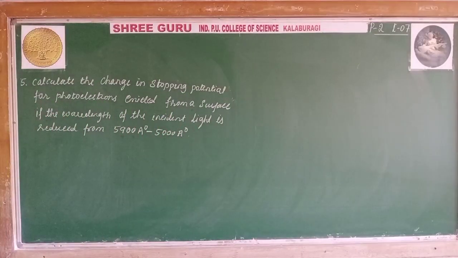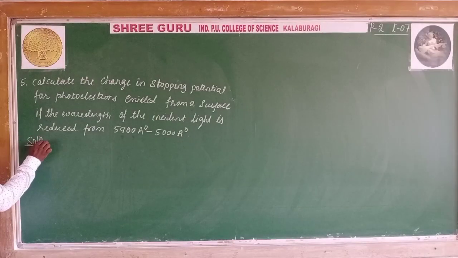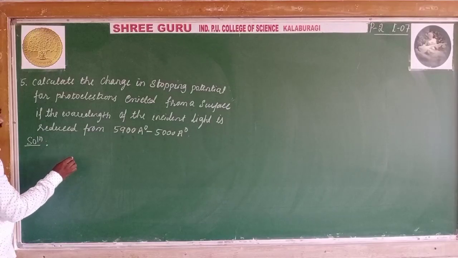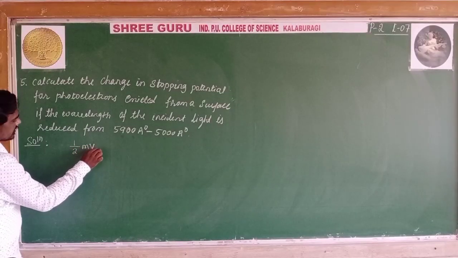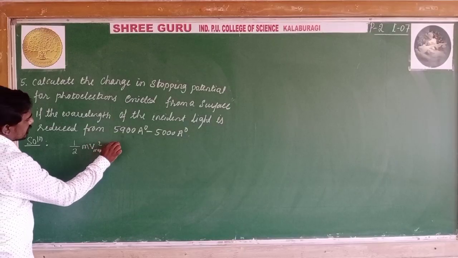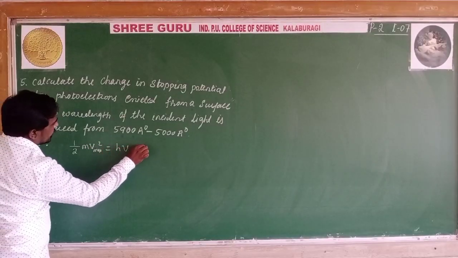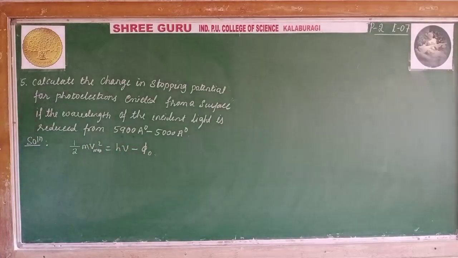From the Einstein equation we know that, half m v maximum square is equal to h nu minus phi naught, where phi naught is our work function.